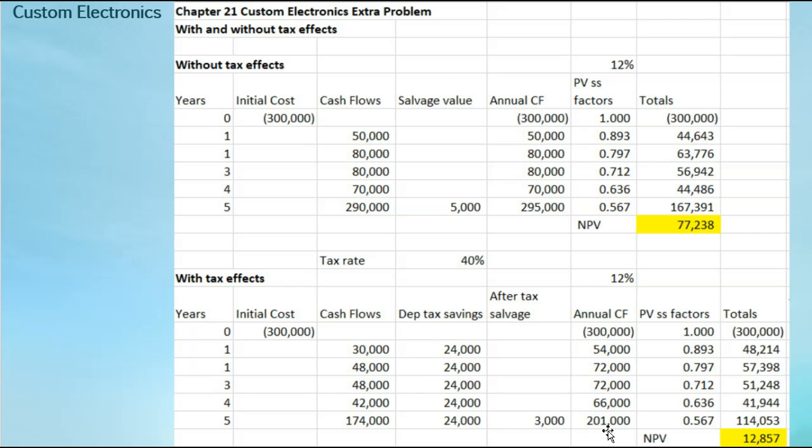And the $5,000 that we get in salvage value at the end becomes $3,000 after tax. So capital gains and losses are taxed at ordinary rates. Really big difference here between the net present value with and without tax. Really big difference. That's about all I've got.